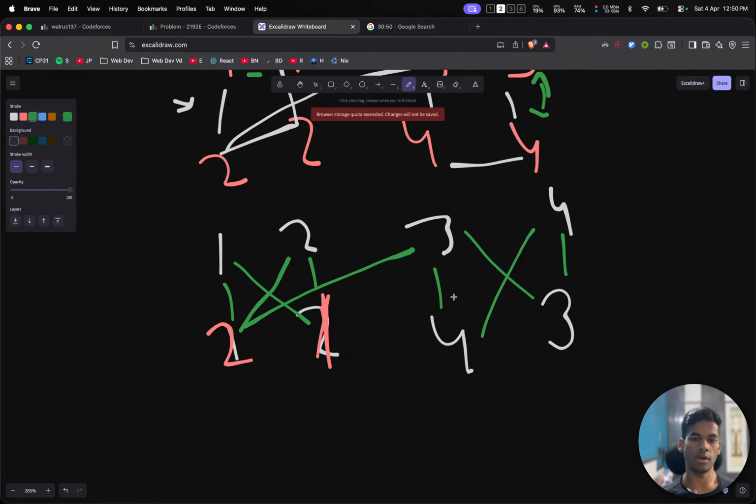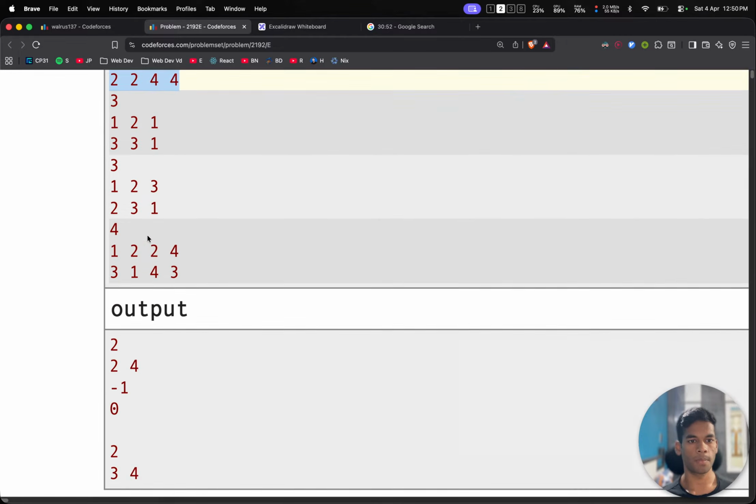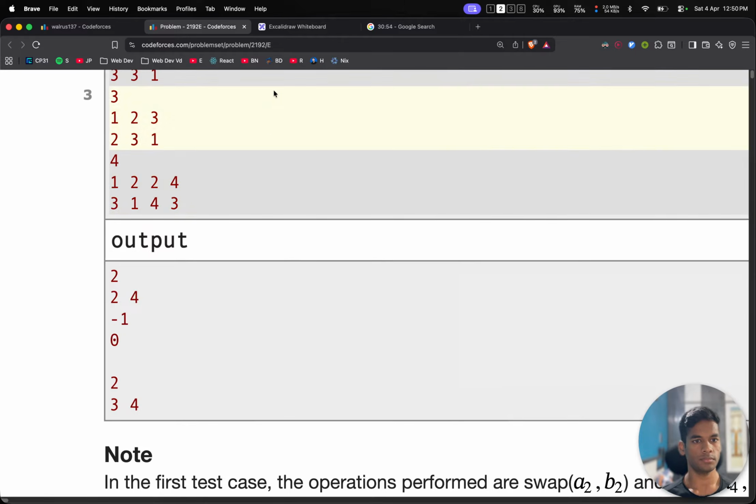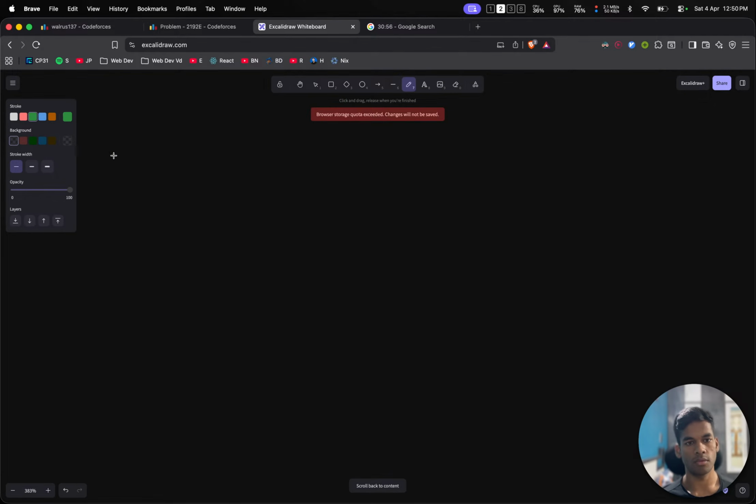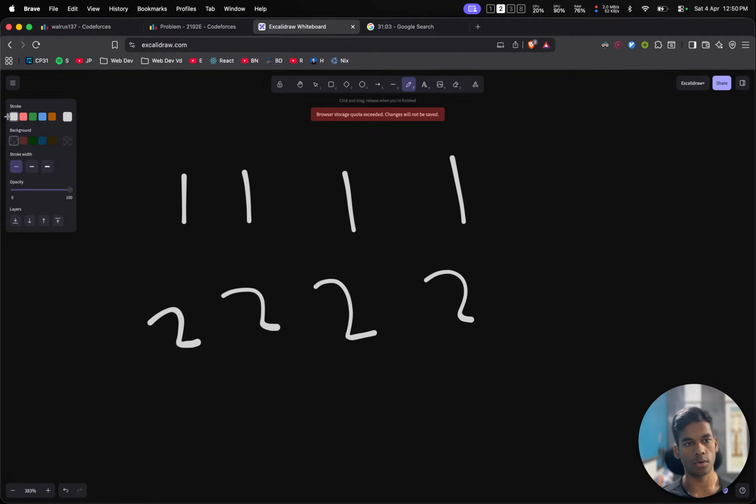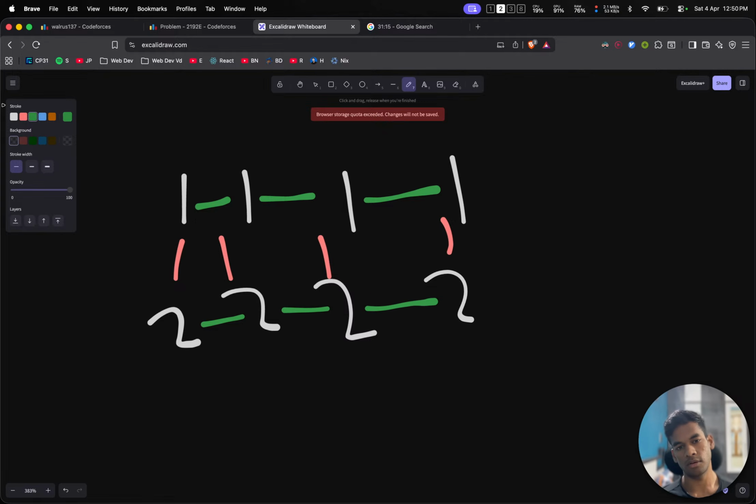But if we had a more complicated one, one, one, one, one, two, two, two, two, I think we can just connect these like this.